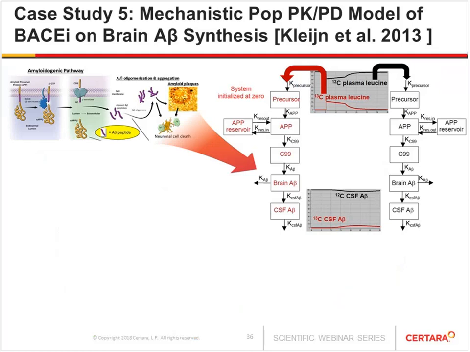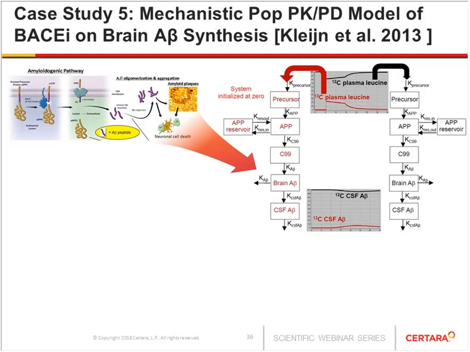And I think this is an excellent example of how to build a mechanistic model that resembles the known physiology of A beta. On the left-hand side, I've put a diagram of the known physiology, and on the right-hand side, we have a diagram of the model that closely resembles the known physiology with the different steps.